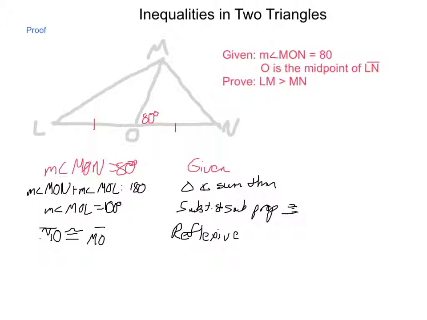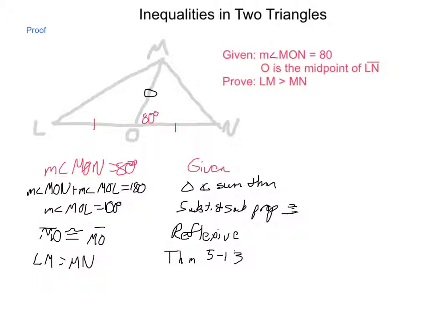Because we have two sets of congruent sides and the included angles are not congruent, by Theorem 513 actually, we would be able to say that LM is larger than MN, and that is Theorem 513, because the larger angle MOL compared to MON means the side opposite would have to be larger as well.